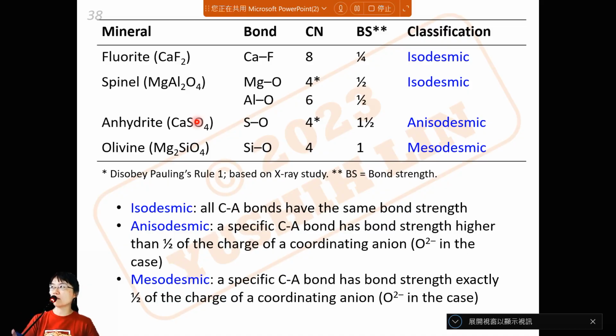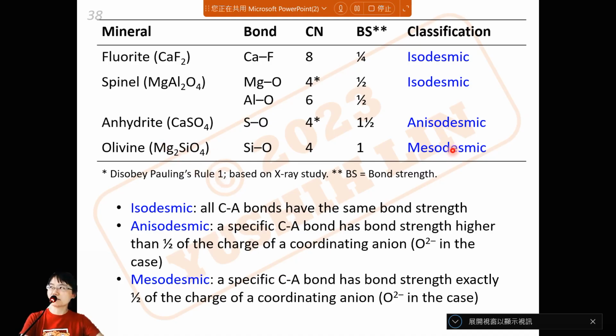For example, calcium carbonate, CaCO3. If you dissolve calcium carbonate in acid, will you obtain calcium, carbon, and oxygen? No. You will obtain calcium and carbonate anion complex because carbonate is anisodesmic.